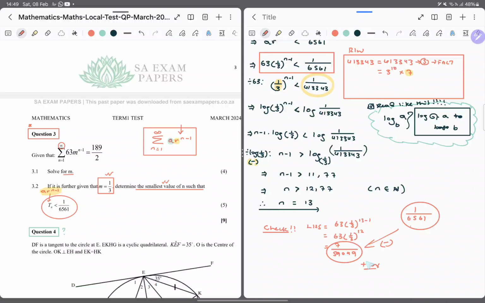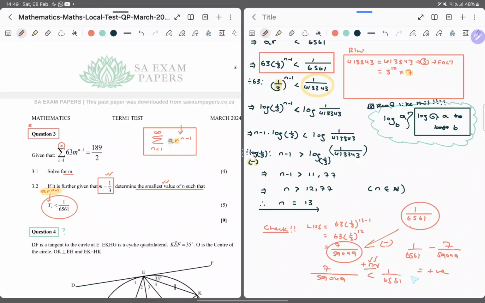Yes, we get a positive answer, so this means 7 over 59049 is definitely less than 1 over 6561. There are many ways of killing a cat, guys.